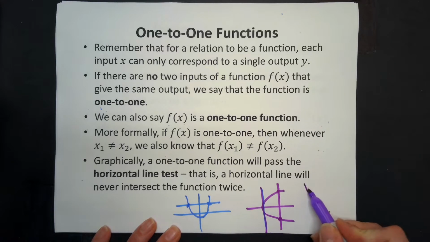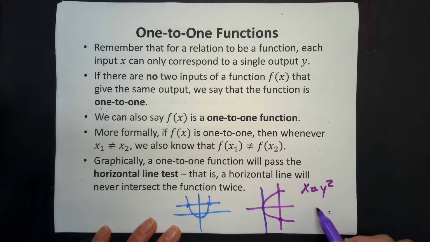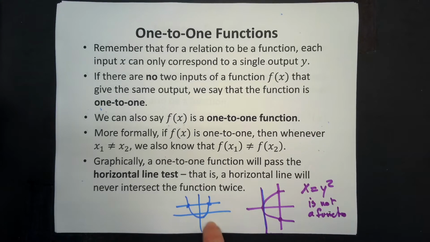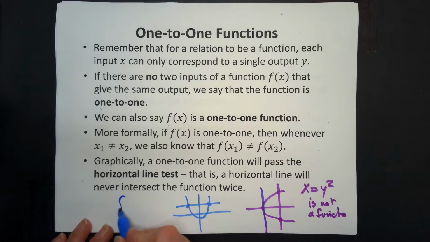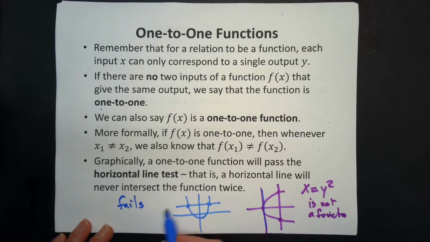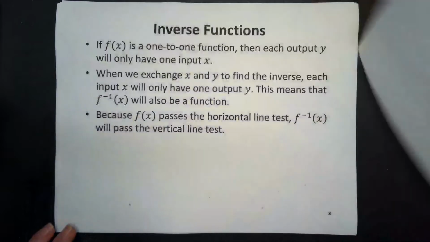So that means that x equals y squared is not a function, because the original function doesn't pass the horizontal line test. We'll see some examples of that in a minute.